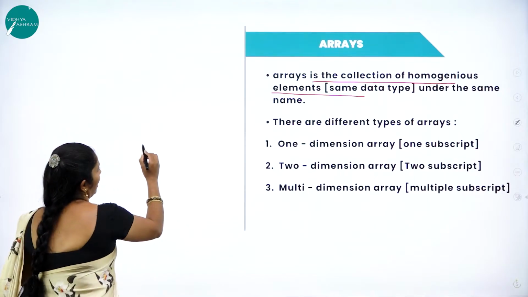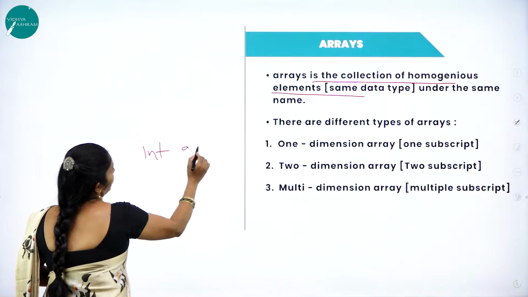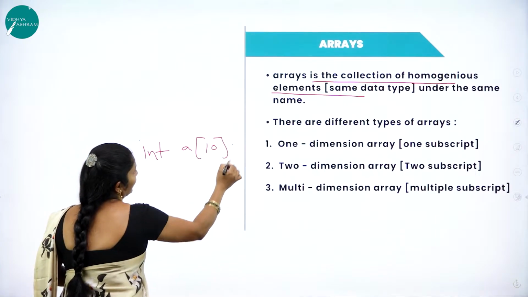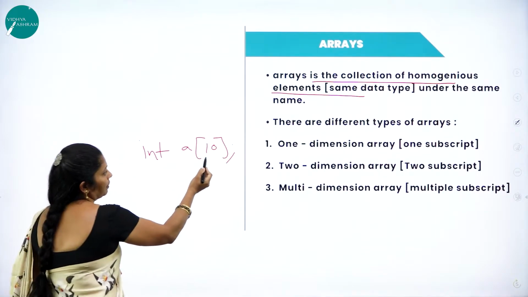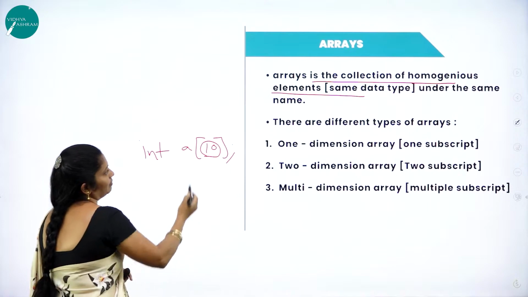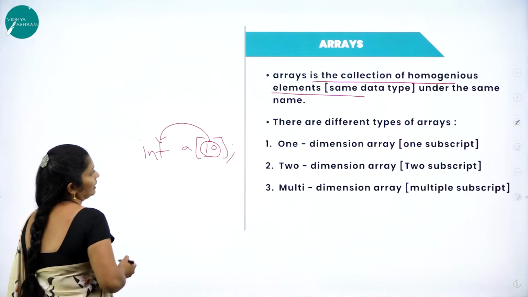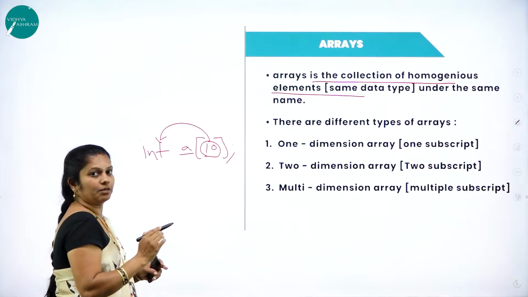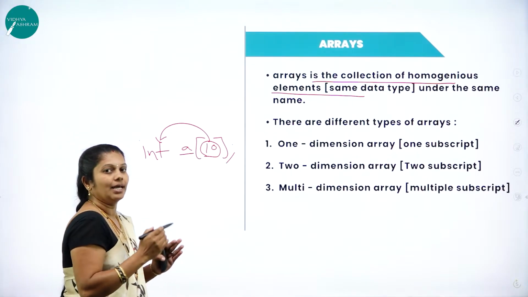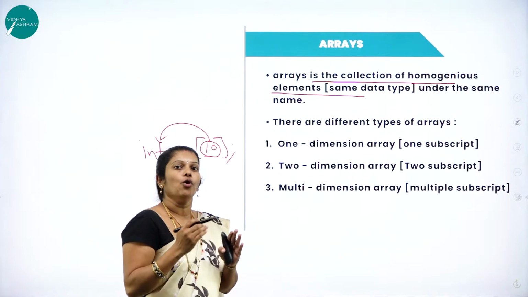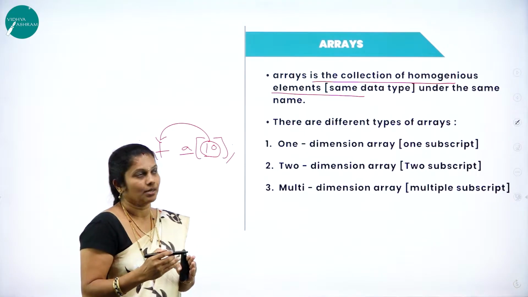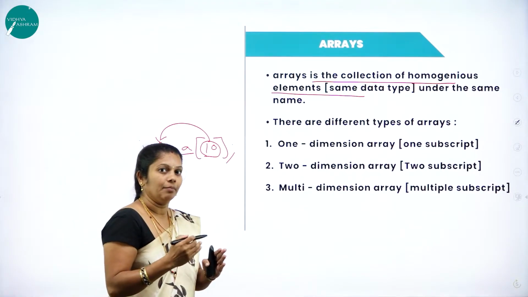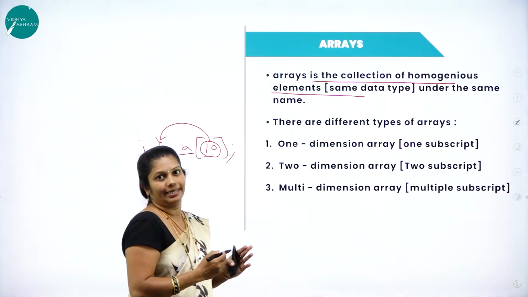For example, if I write int a[10], then it can be called an array, because here we have a total of 10 elements, all of integer data type, stored under the same name a. That means an array is a collection of homogeneous elements, and all the elements are of the same data type.